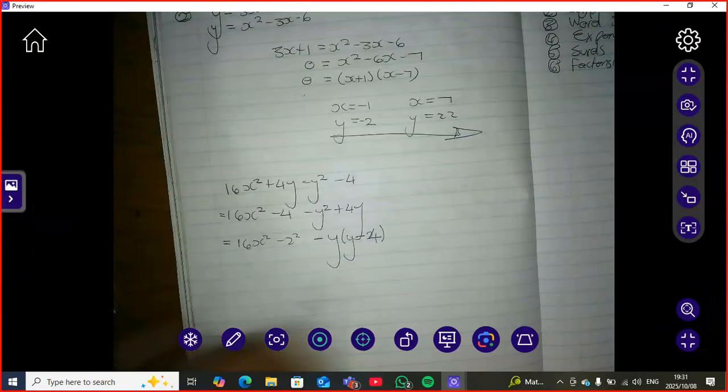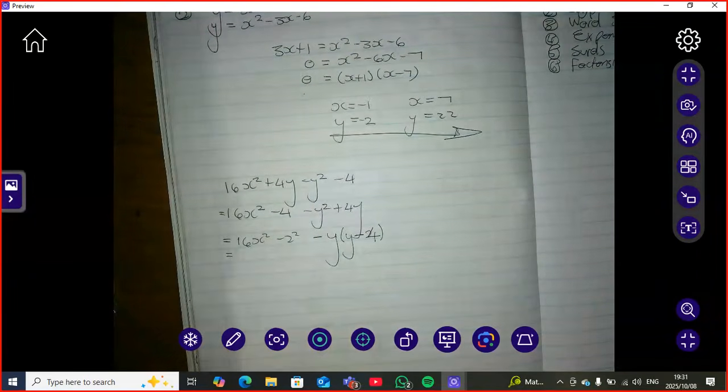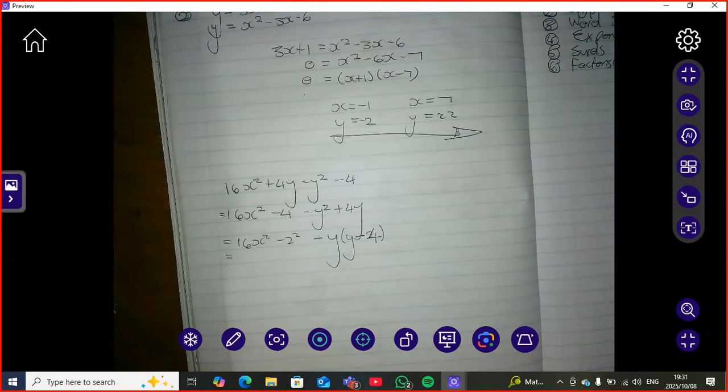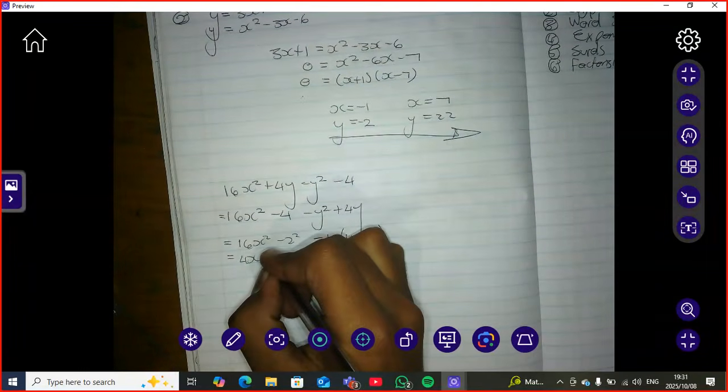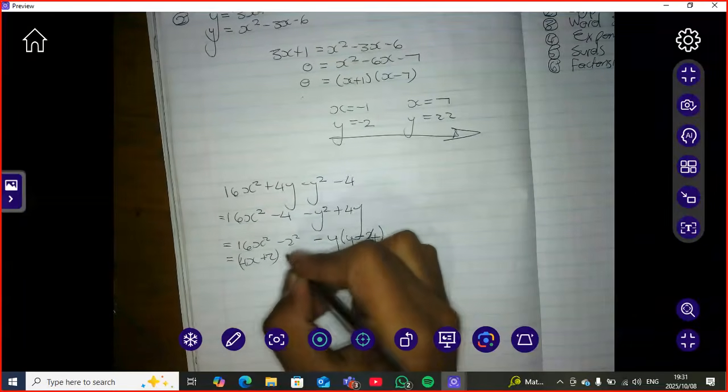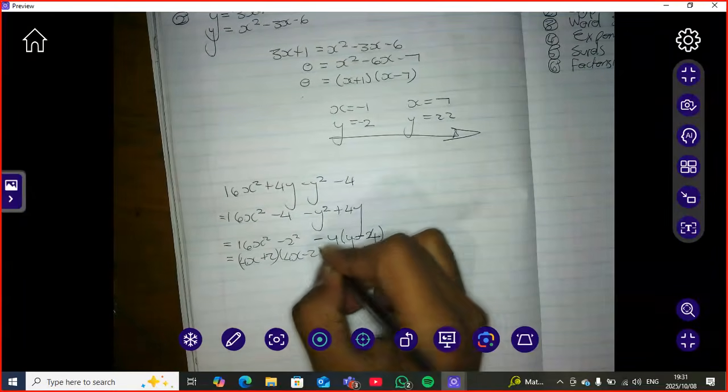Can you send a picture in the group, please? Good question. Let us see. 4x plus 2, 4x minus 2.